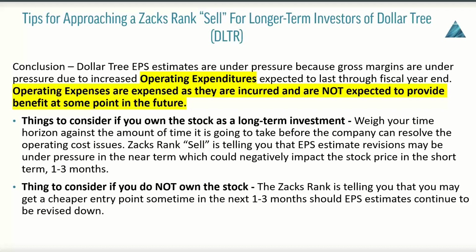So things to consider if we own the stock as a long-term investment, right? We do, right? This is a member of the earnings certain portfolio. We don't necessarily trade the earnings certain portfolio.